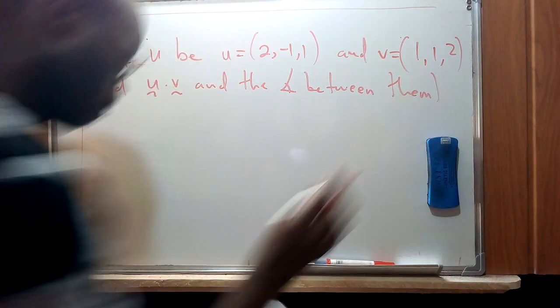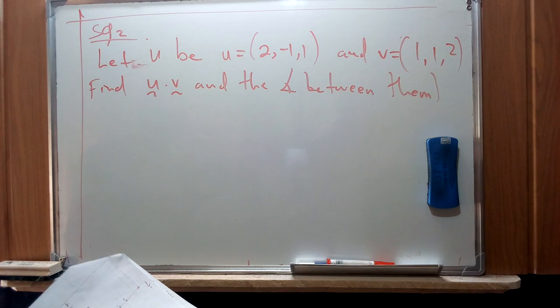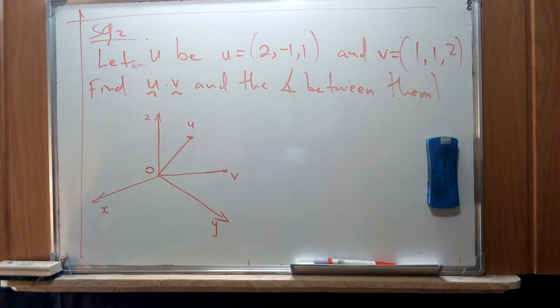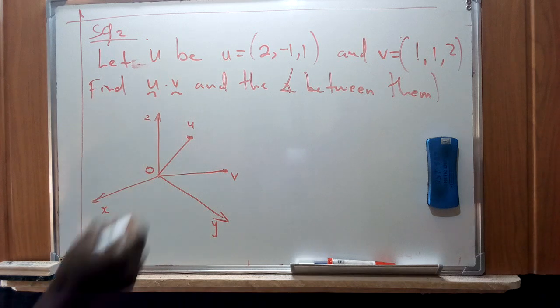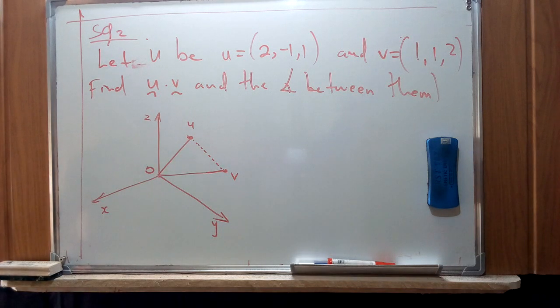So still we're going to use the concept of vectors that we had been taught, to find out how we can calculate that. Now in this particular case, I'm going to extrapolate using this specific illustration.